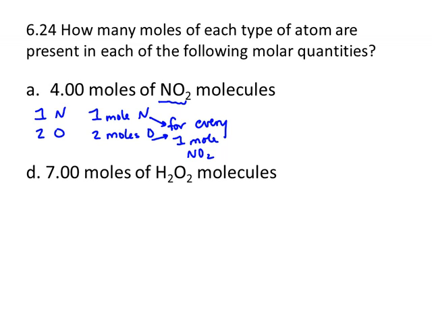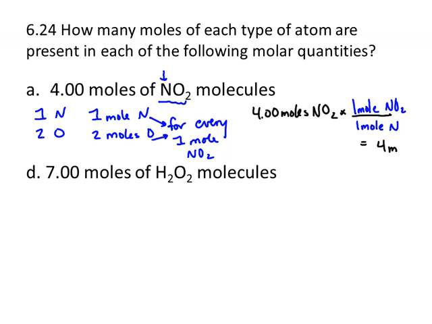And I want to know the moles of each type of atom, so I'm going to take nitrogen first. And I have 4.00 moles NO2. And then I'm going to pick up my relationship, which said that I had 1 mole of N for every 1 mole of NO2. So therefore, I will have 4 moles.